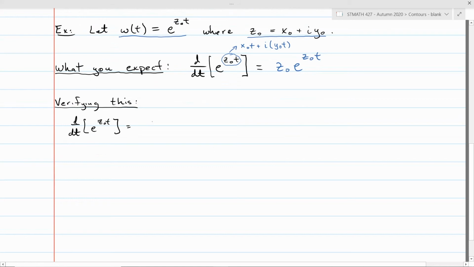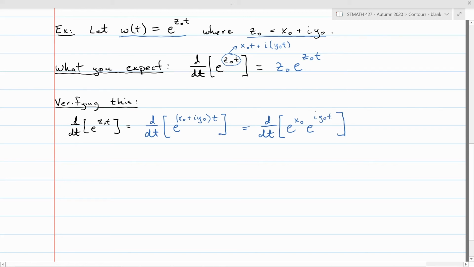And the way that would go is, okay, before you differentiate, you're going to take your e to the z naught t and express that as e to the x naught plus i times y naught times t. Then you can break that up a little bit into e to the x naught, e to the i y naught t.